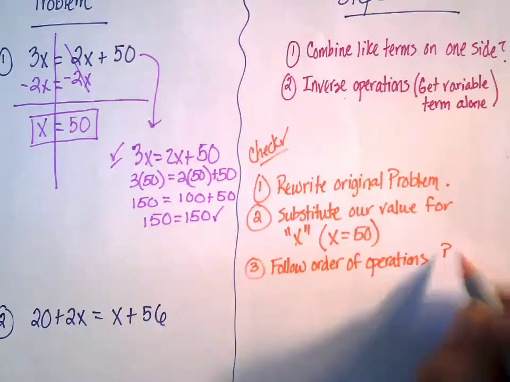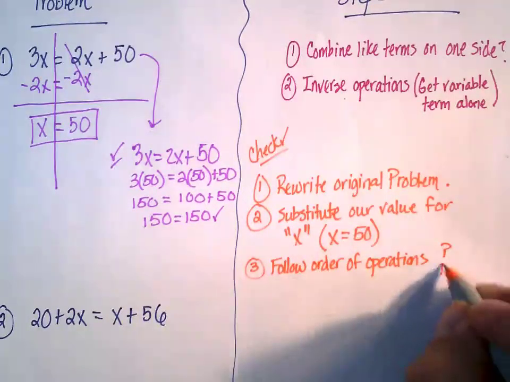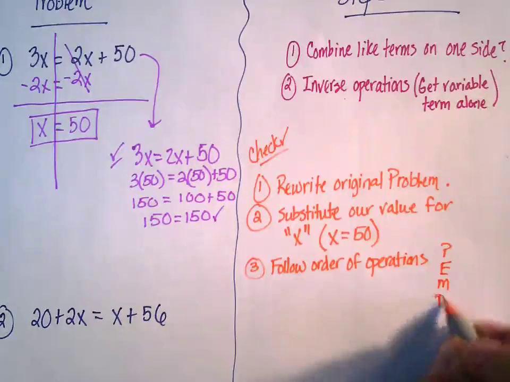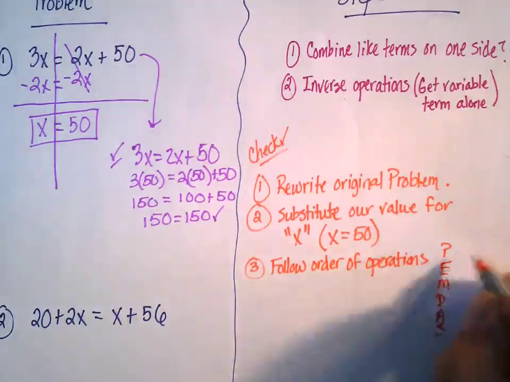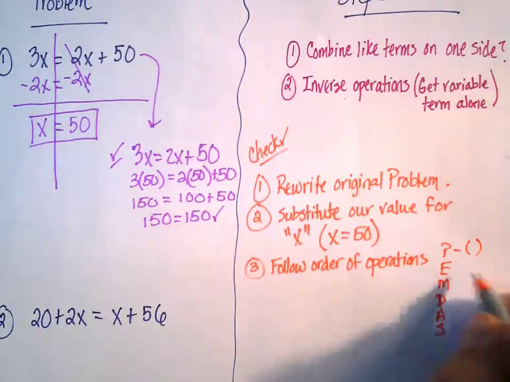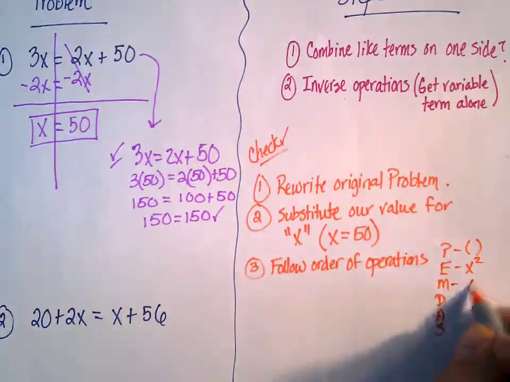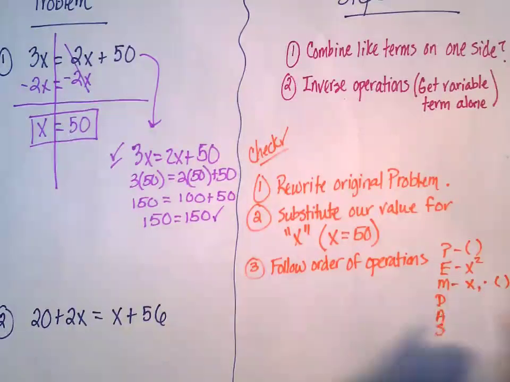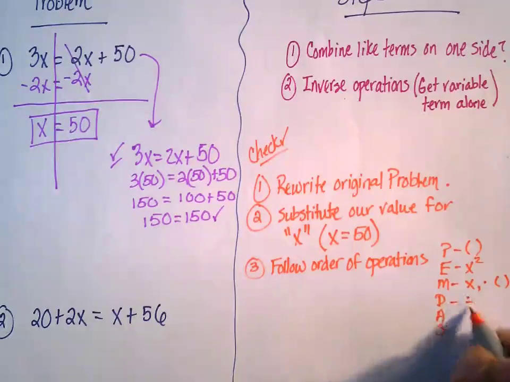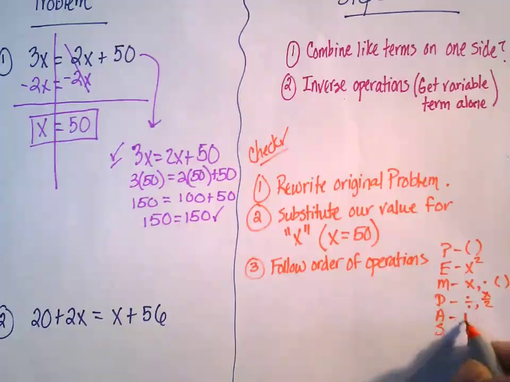And I'll put PEMDAS in there so you know. PEMDAS is parentheses, exponents, so like x squared. Multiplication is multiplication. We also know multiplication as a dot or parentheses. Division, right? Division can also look like this, x over 2. Same difference. Addition, we know what addition looks like, and we know what subtraction looks like.